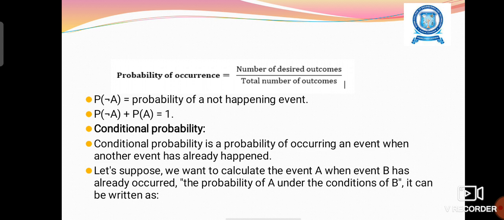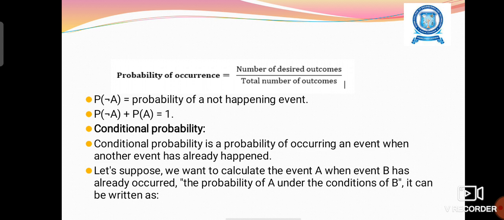Also, we can calculate the probability of the negation of the event: probability of not A is the probability of A not happening. The probability of the event not happening plus the probability of the event happening is equal to 1.